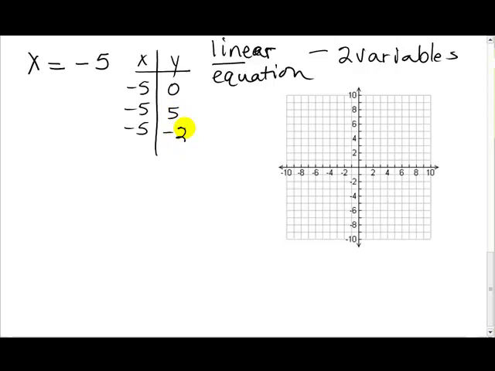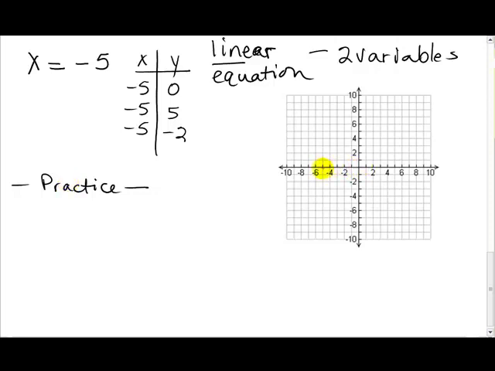So I want you to go ahead and graph this. This is now we're going to do a little bit of practice here. So pause the video, graph it, and then check to see if yours matches mine. Okay.